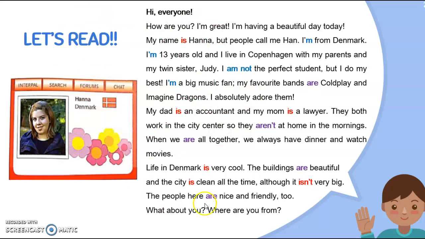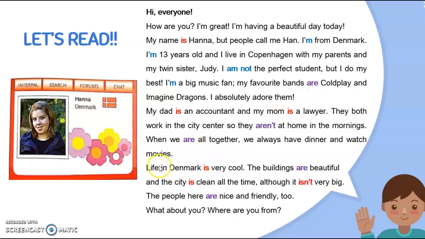Okay, so as you can see, this letter contains personal information about Hannah, such as her name, her nickname, the city where she's from, her age, the place where she lives, something related to her parents and sister also, such as the name of her twin sister, what her parents do, their jobs, her favorite bands.